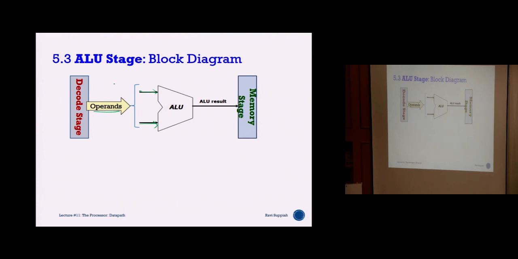It's either register plus register, or register plus immediate value. So these are two possible inputs that your ALU can receive, either register and register, or register and immediate.